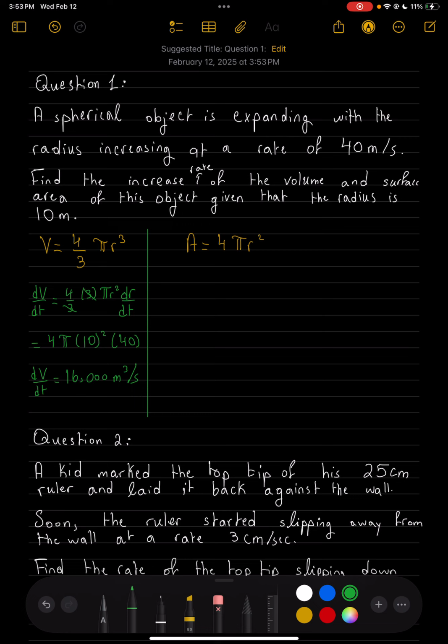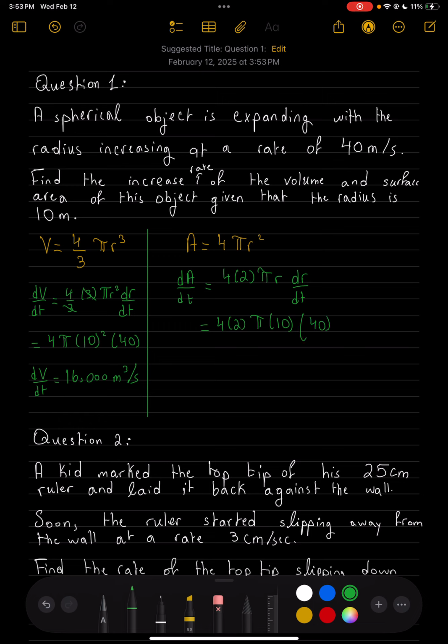Similarly, for the surface area over here, dA over dt, the 2 is going to drop down, so it's going to be 4, 2, pi r multiplied by dr over dt. So the r again is 10, so 4 multiplied by 2 multiplied by pi, 10, and dr over dt is basically 40.